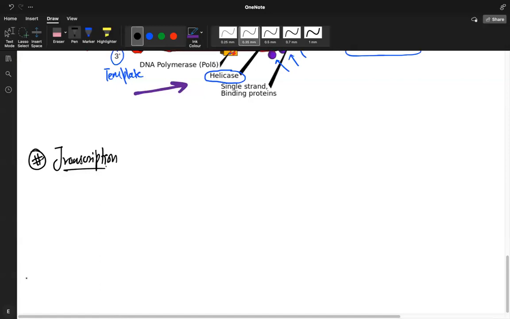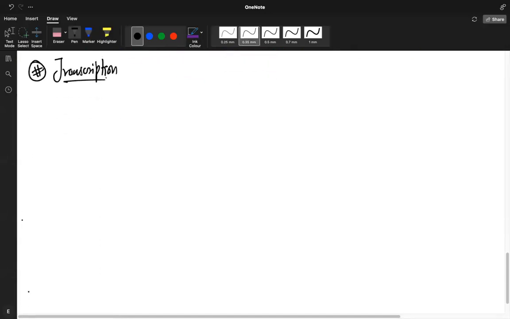Cool. So let's come to transcription then. Transcription, as we know, is copying the information from a DNA to a RNA. So you can write down, it is the process of copying genetic information from one strand of the DNA into RNA.